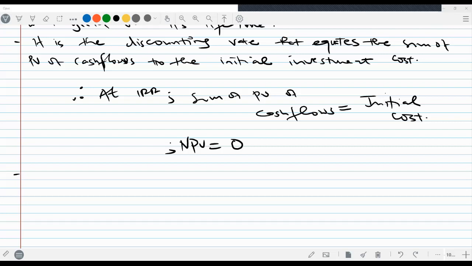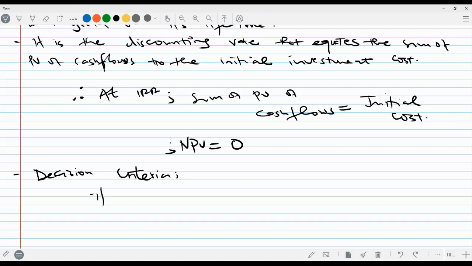That's a simple decision criterion. If the IRR is less than the cost of capital, like that example where the providers of capital want 9.2% and the IRR is 8%, then don't invest. If the IRR is less than cost of capital, reject the project.